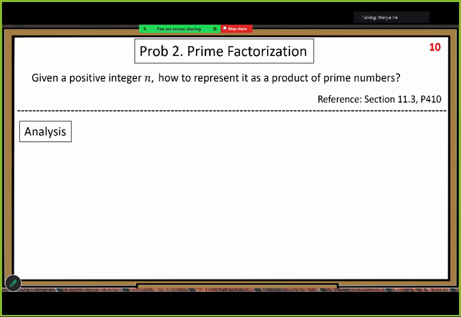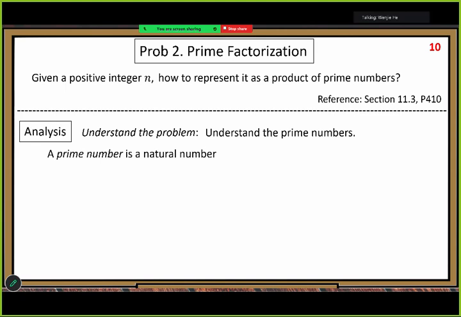Analysis. Let's understand the problem. First, let us understand the definition of prime numbers. You know it, but let me give you a little review.